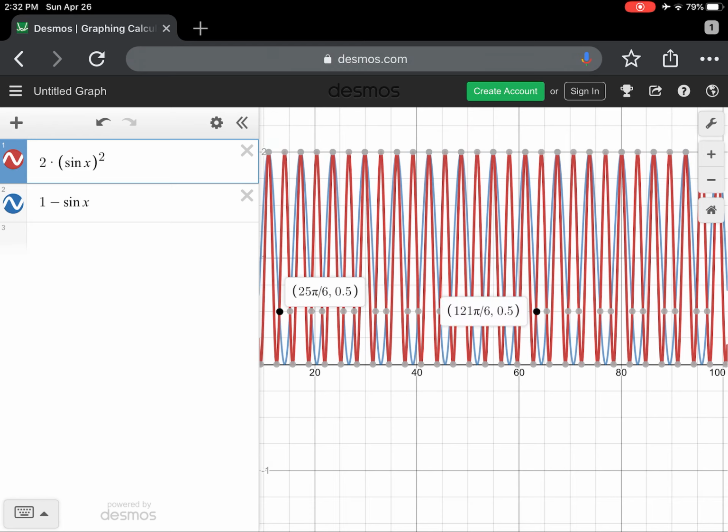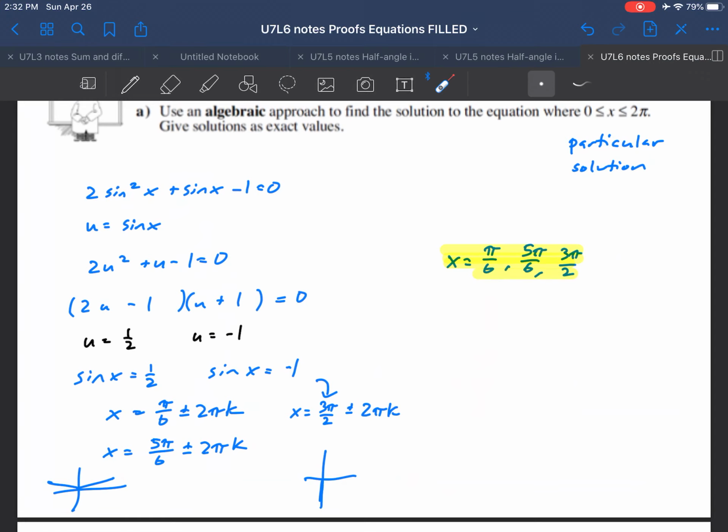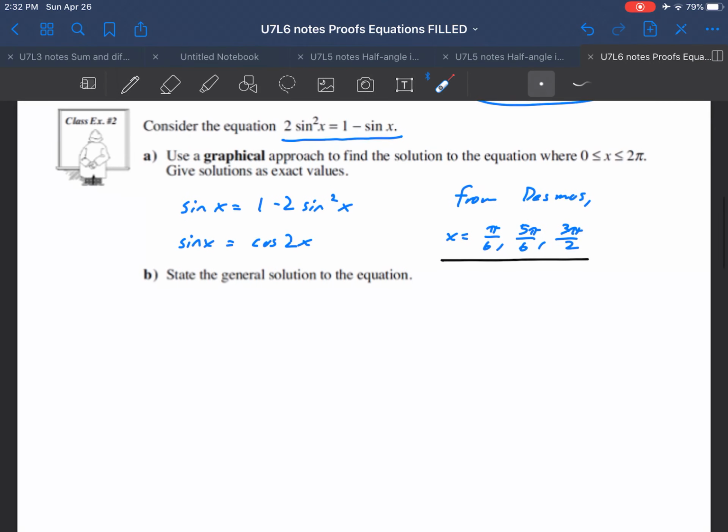25 pi over 6 is one. 121 pi over 6. You see a bunch of these. So there are an infinite amount of answers. It's not fun to write an infinite amount of things. So the way we simplify stuff is by adding in that period multiplier.